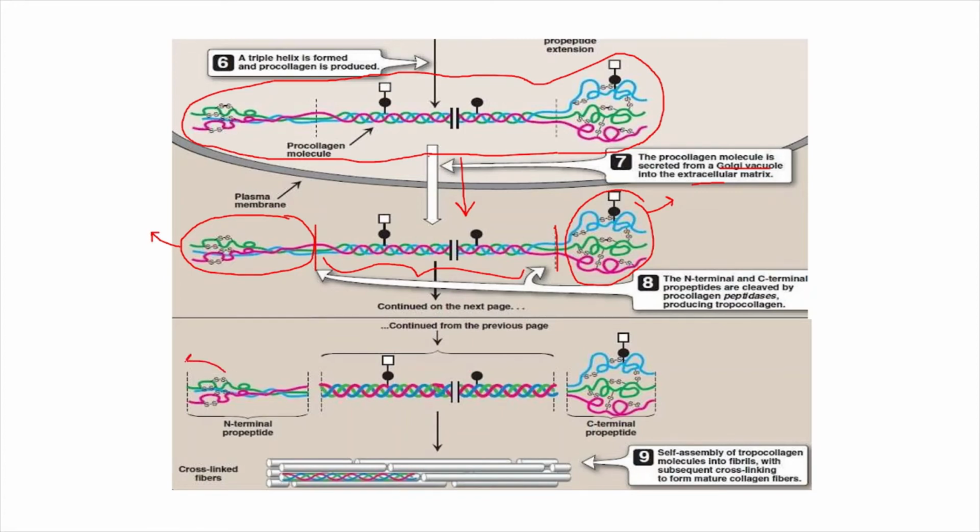This left hand portion will be discarded, the right hand portion will be discarded, and the middle portion which will be produced after cleavage is the exact tropocollagen structure. So several different tropocollagen molecules will pack against each other to form collagen fibers, which will be cross-linked later on. Alright, so how they will be cross-linked we will see in our next figure.